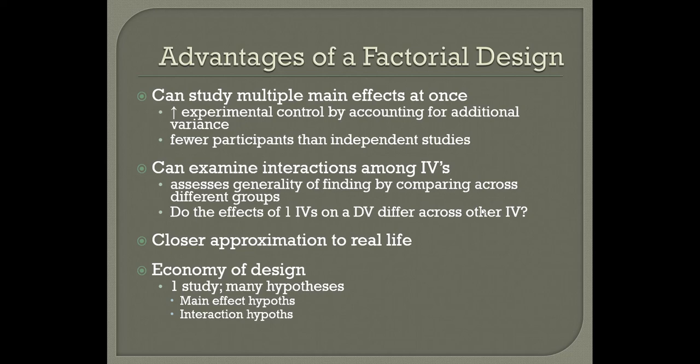When an interaction is present, the interaction hypothesis is typically the one that is focused on, because the main effects are contingent upon the nature of the interaction. So when an interaction is present, it's important to focus on the interaction effect, but usually researchers will also interpret the main effects.